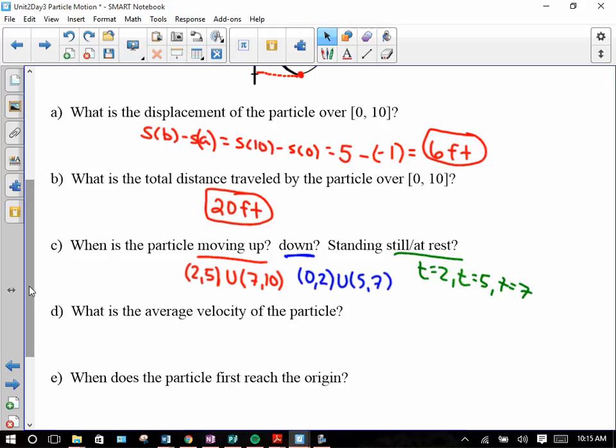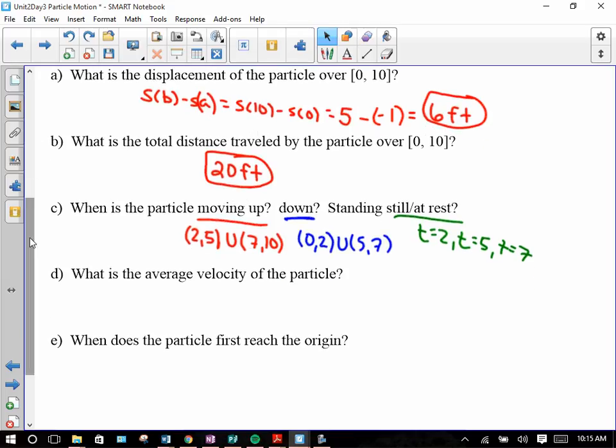And this is asking what is the average velocity of the particle. So average is telling us we want slope, the average slope of the position function.